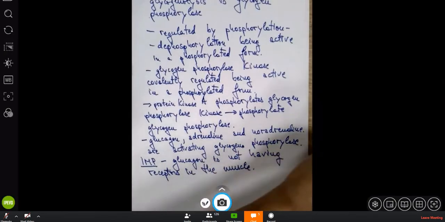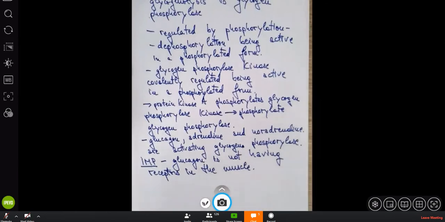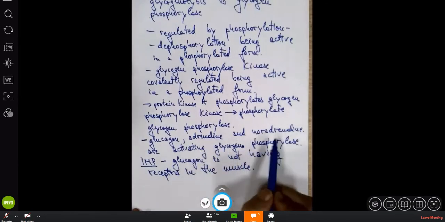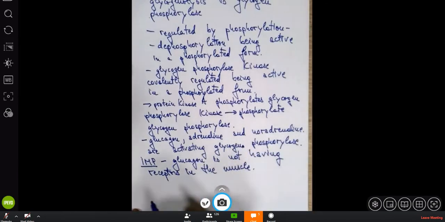That means muscle glycogenolysis is going to be stimulated by adrenaline and noradrenaline.